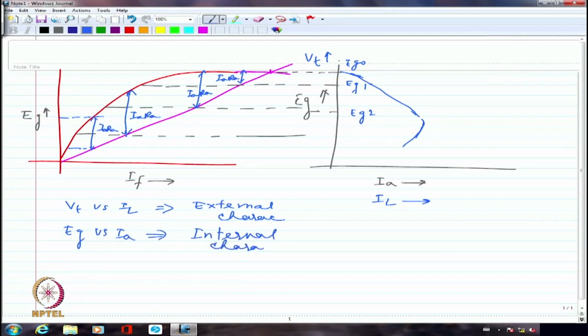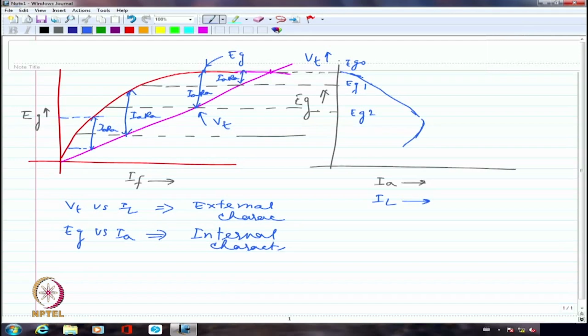Please note that for this particular operating point, this is EG versus this is VT. There is a huge amount of difference in terms of voltage. I am definitely going to have less VT available as compared to EG, because IARA is the drop that is taking place internally.